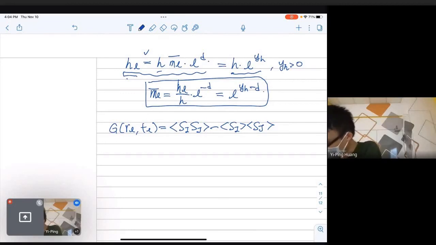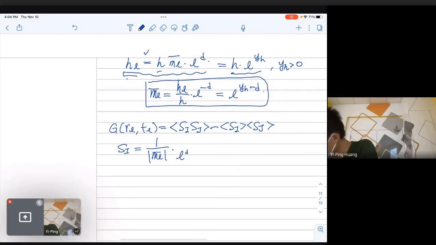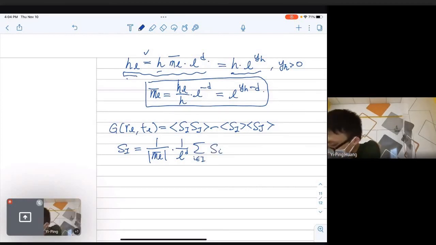Let's remind ourselves what Si is. Si is basically 1 over the absolute value of ML bar, times L to the power of D, times the sum over all the spins within this block spin I. This is the information that we're going to plug into the correlation function.